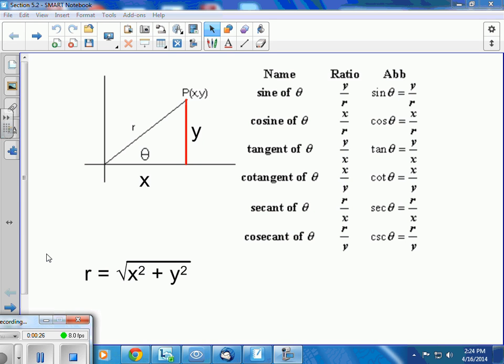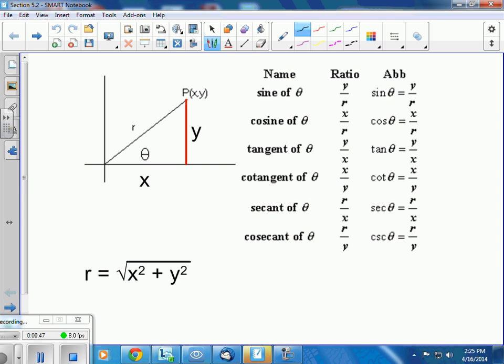So the trig functions are really a ratio of the sides of triangles. And we're always going to begin our study here with a triangle that has an angle coming from the initial side to a terminal side. And there is some point P which can be called xy, of course, as any coordinate.